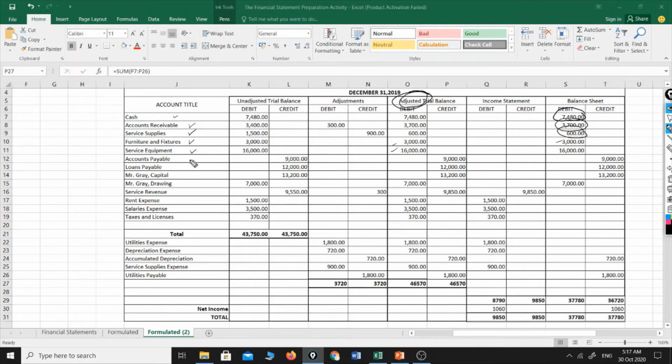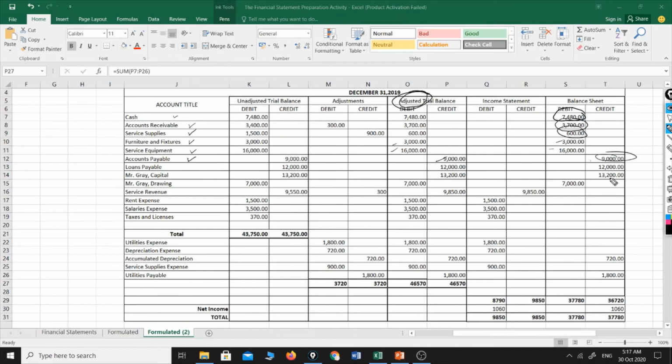Next is accounts payable. Accounts payable is a liability account. Therefore, it should be part of our balance sheet section. 9,000, okay. So we have here 9,000. So extend that one here.